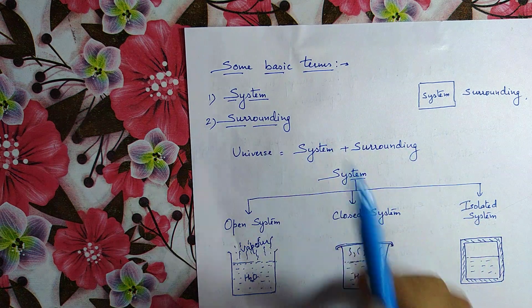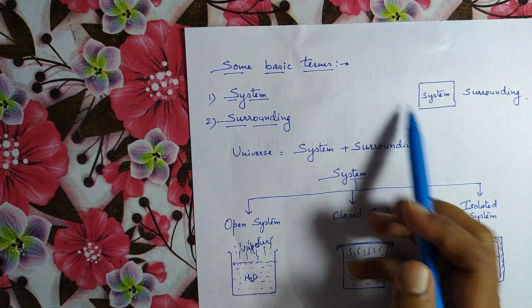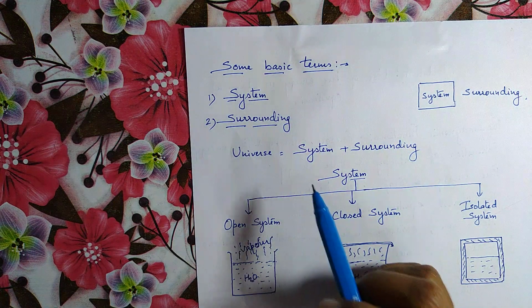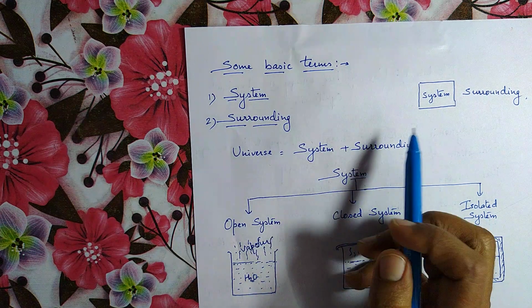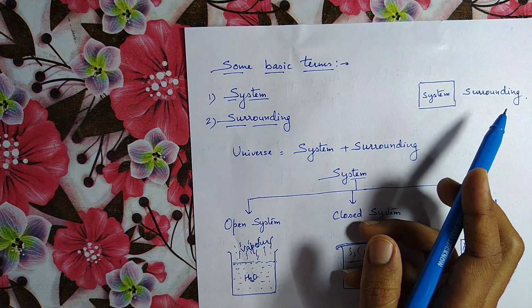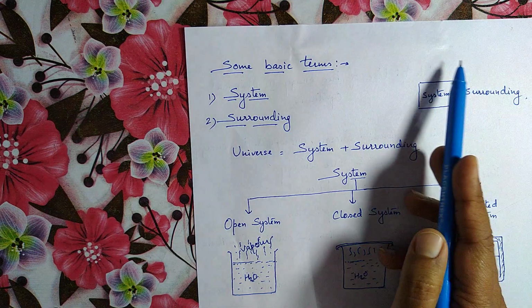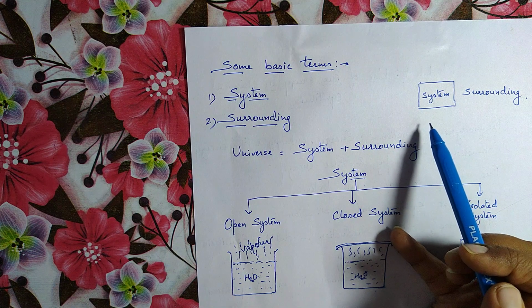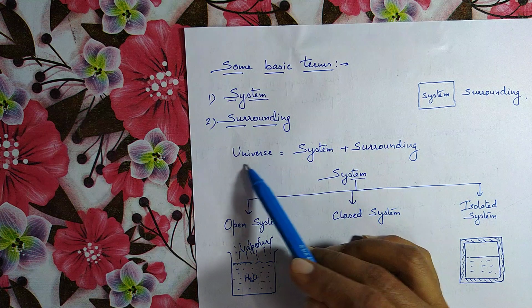And what is surrounding? The system and surrounding both form the universe. The part of the universe other than the system is called its surrounding. If it is the system, then the part surrounding the system is called its surrounding and the whole part is considered as the universe.